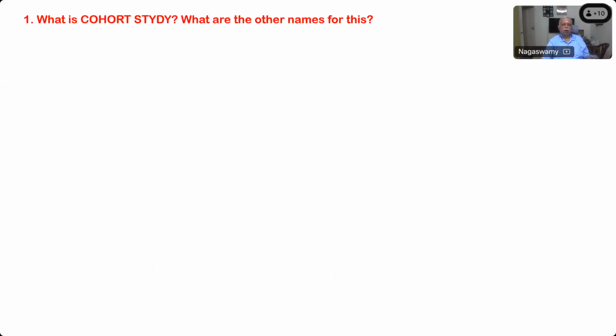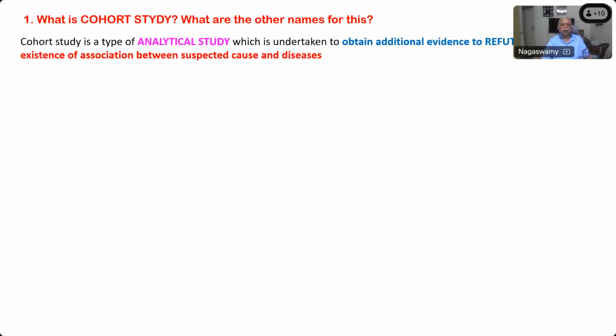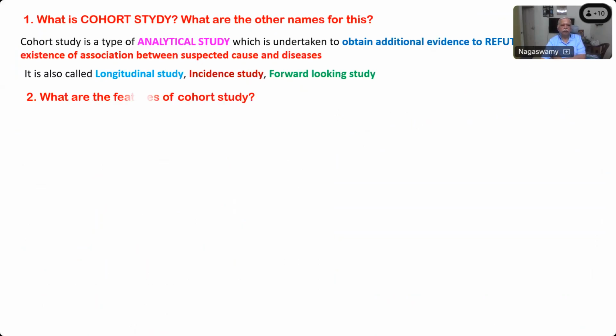Then something about cohort study, another terminology you will commonly come across when you read research papers. What are the other names for this? A cohort study is an analytical study undertaken to obtain additional evidence to refute or support an existing association between a suspected cause and disease. It is also called a longitudinal study, incidence study, and forward-looking study.